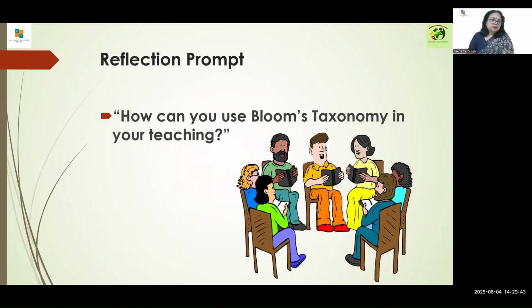So, dear friends, I would expect that you would support me and contribute to further elaborate this Bloom's taxonomy. You will apply Bloom's taxonomy in your teaching.